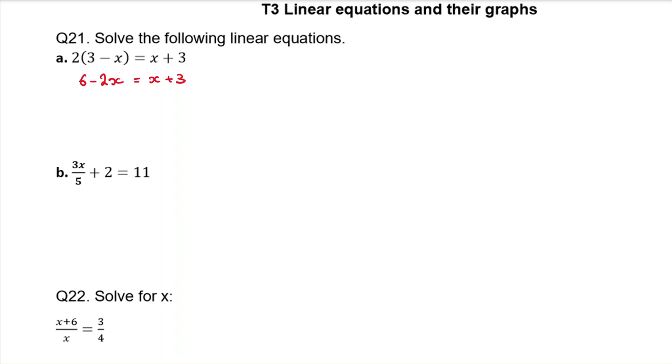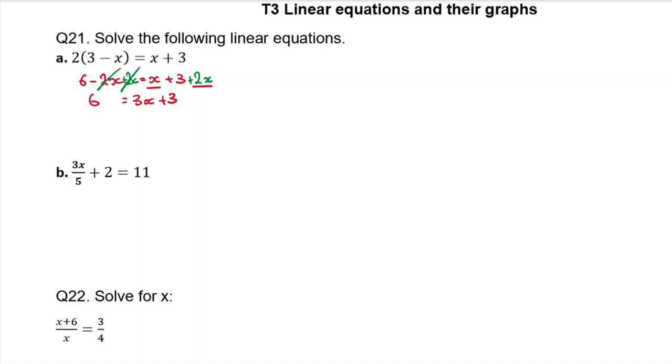So if I add 2x there, so what I'll do is, to keep everything positive, I did say I'm going to move all the x's to the left, but actually what I'll do is I'll move them all to the right. So I'm adding 2x on both sides so that I can get rid of the 2x on the left. So that's gone. And so I'll be left with 6 equals x plus 2x is 3x plus 3.